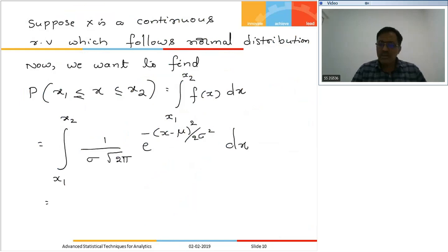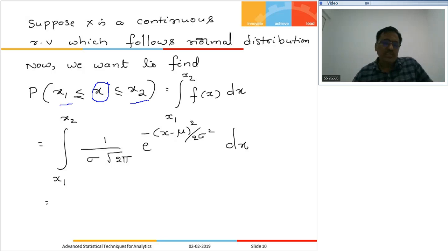Now we'll get into it. Don't be scared of this integral kind of thing. It is very simple, I'm just explaining to understand the concept. Suppose we want to find the probability that the random variable x lies between x1 and x2.